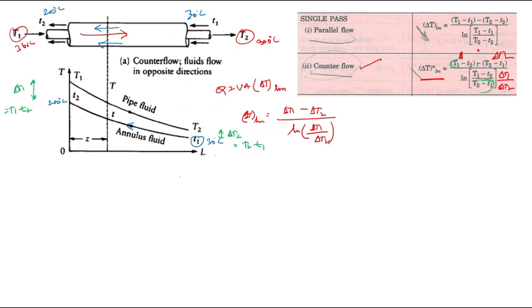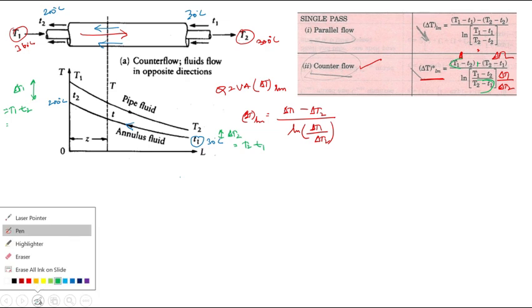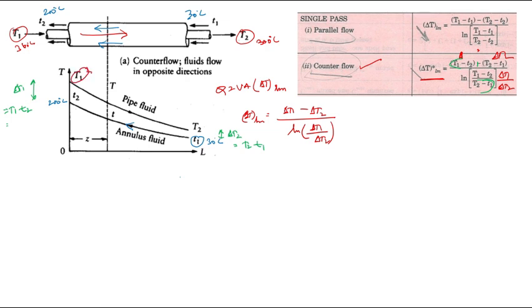Okay. Then here T1 minus T2, where T1, the entry temperature, is equal to 360 degrees Celsius, and it leaves at a temperature of, say, 200 degrees Celsius.